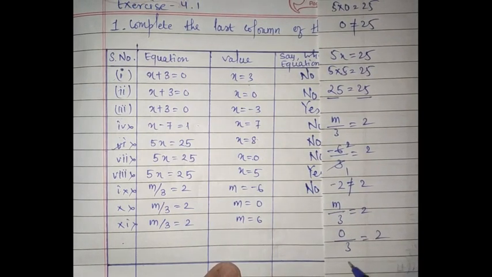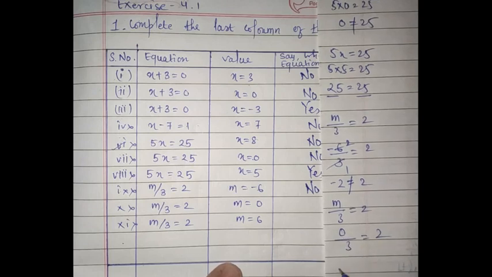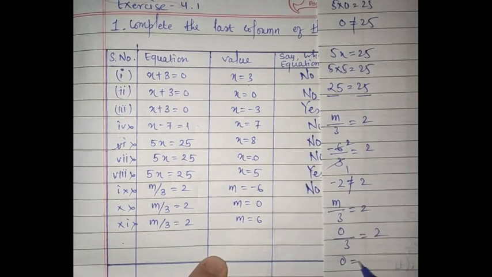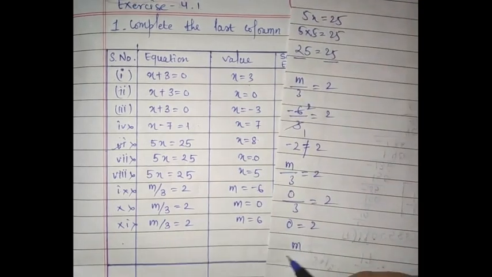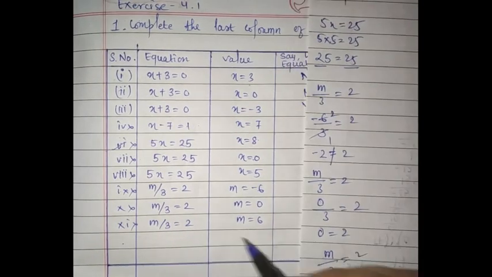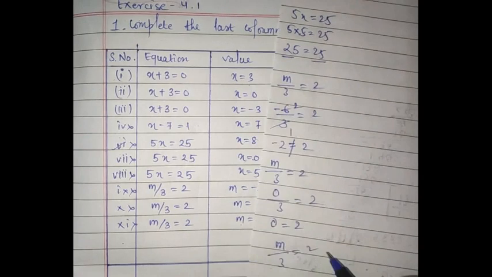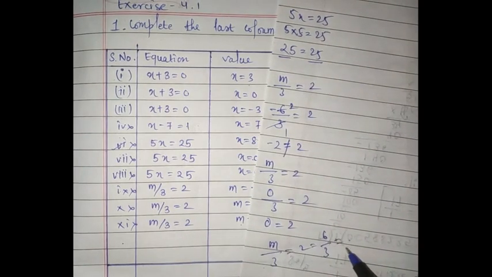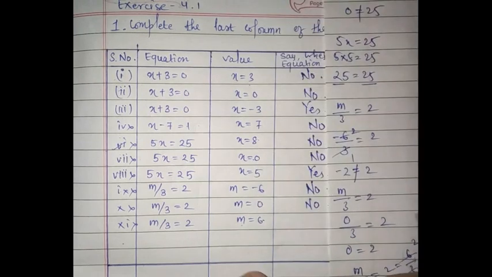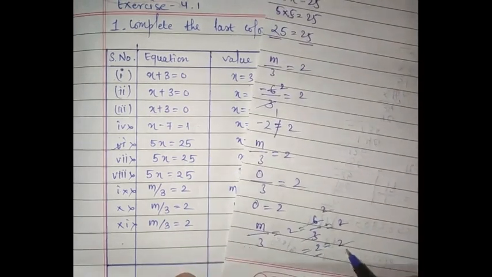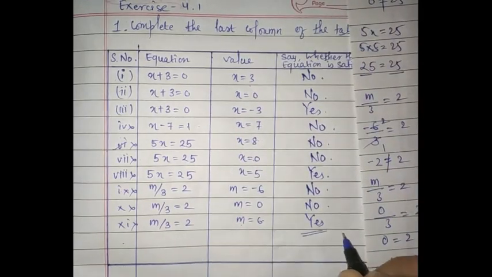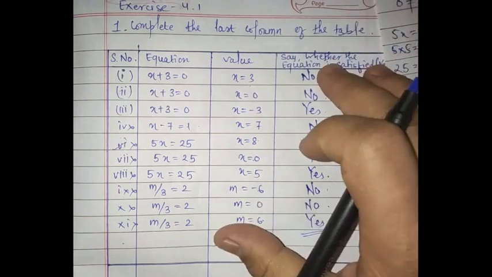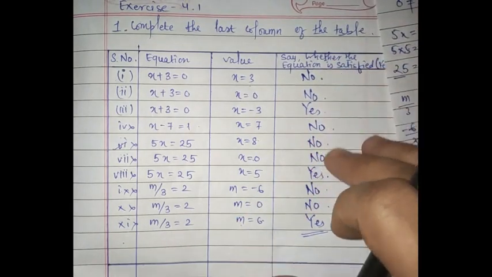When you divide 0, it is 0 only, so it is not equal to 2, so no. M by 3 is equal to 2, in which our m value is 6, right? So 6 divided by 3 is 2, so 2 is equal to 2. Left hand side and right hand side are both equal, so we will write here yes. Alright, so with this the last column is fulfilled.